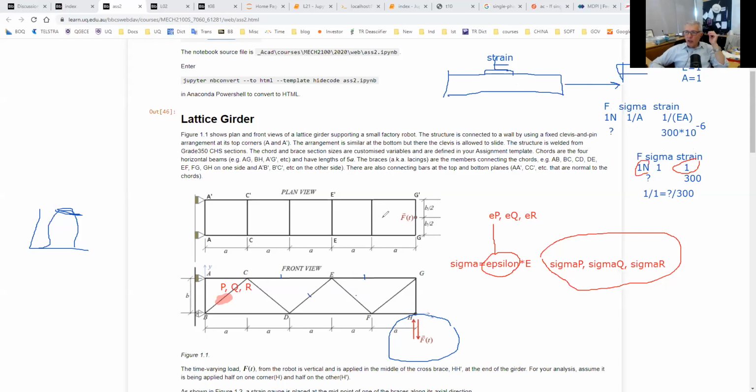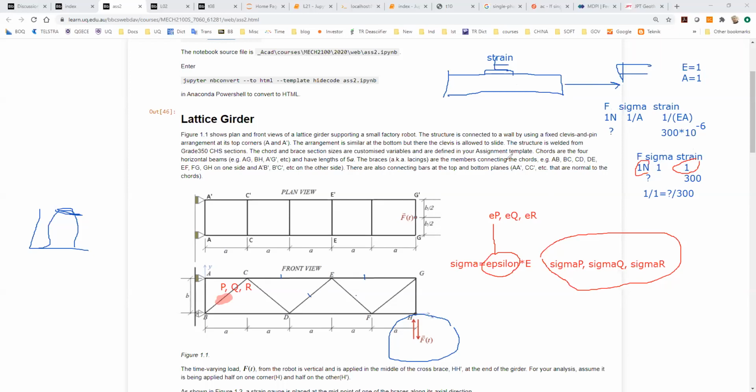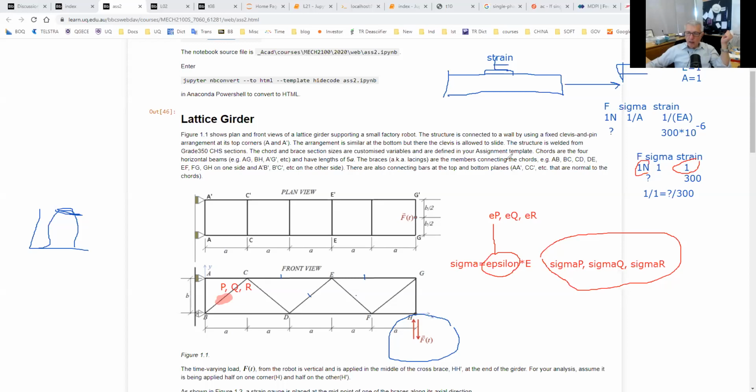In your truss, you really have to solve the truss equation to solve for sigma in your strain gauge member. But still, you can do that. You know how to analyze trusses. Yes, I do. So that gives you a strain for your assumed value of F. Then for your given strain, just go in reverse, calculate the value of your force.